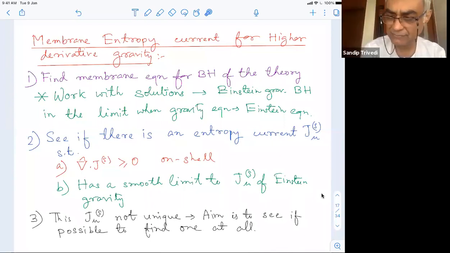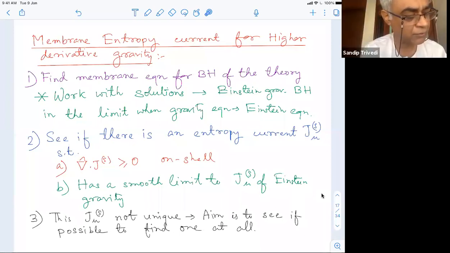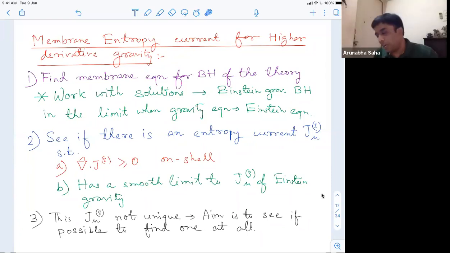If you want to take the alpha goes to zero limit, at least you make sure that you only consider those solutions which reduce to Einstein gravity. I see. There could be, for alpha order unity, solutions which don't continue to the Einstein one, but which make sense, but you're not going to allow for those. Yeah, I'm not going to allow for this. Okay. All right.